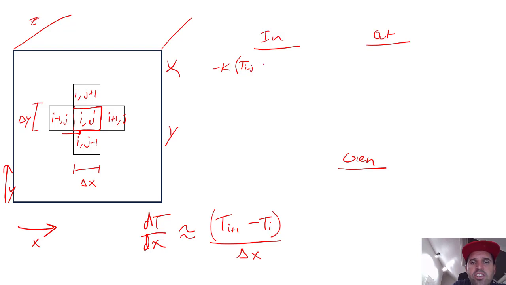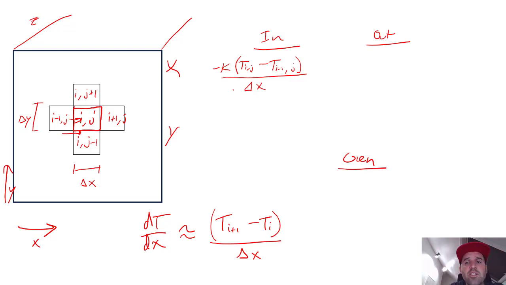So this is T_{i,j} minus T_{i-1,j}, and that is divided by delta x. So we're just looking at energy crossing this boundary. The driving force there is going to be the temperature difference between node i minus 1 and node i. So that's how we use the difference between those two as our dT/dx.